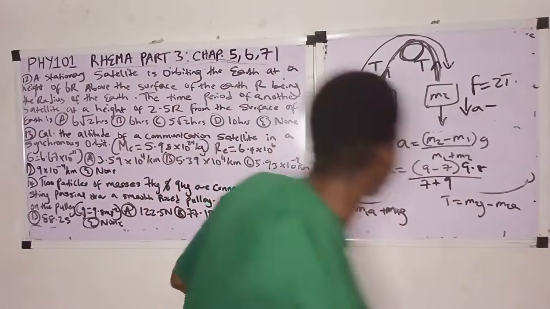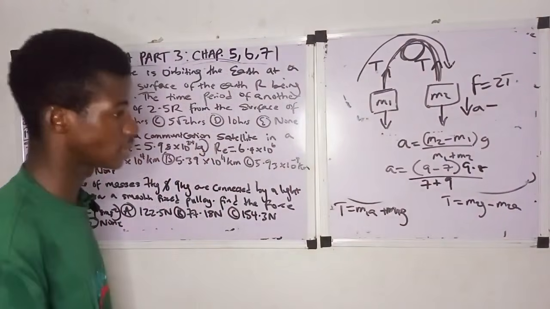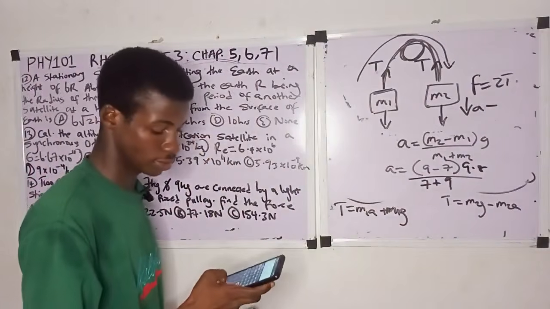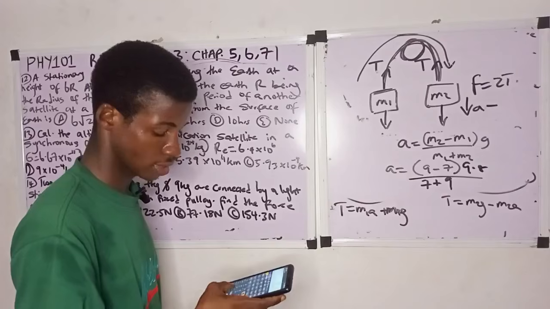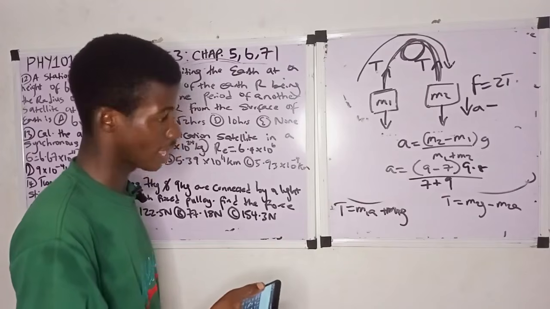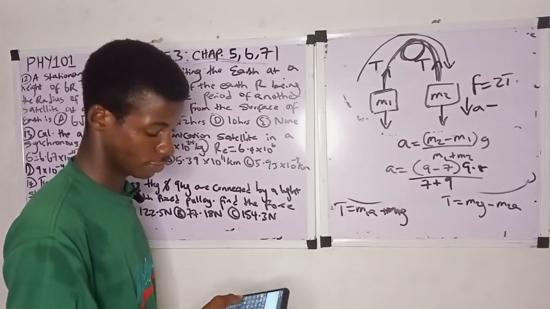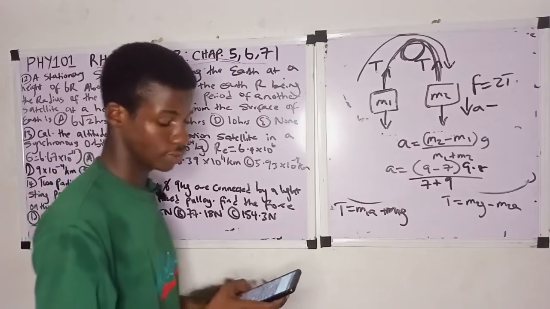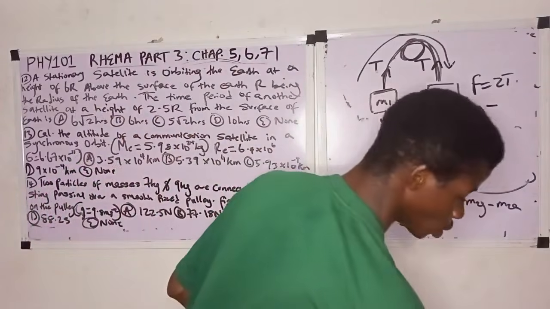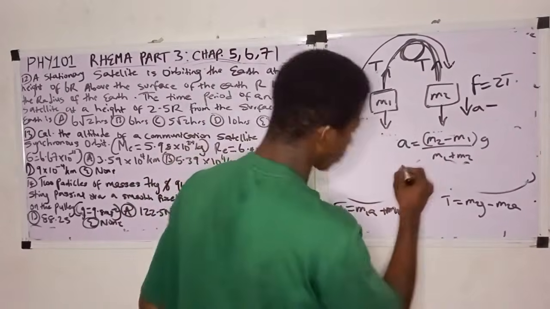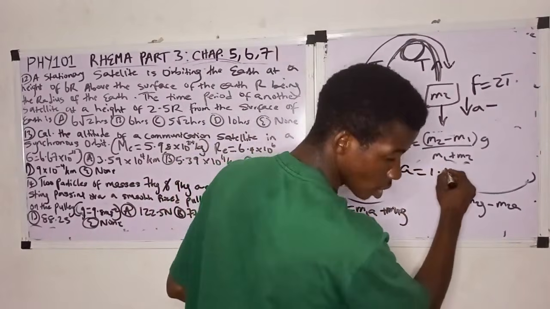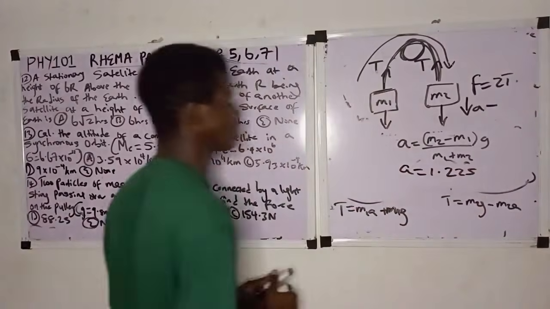Bracket open 9 minus 7, bracket close, times 9.8, divided by 7 plus 9. So the acceleration is 1.225. This is their common acceleration.